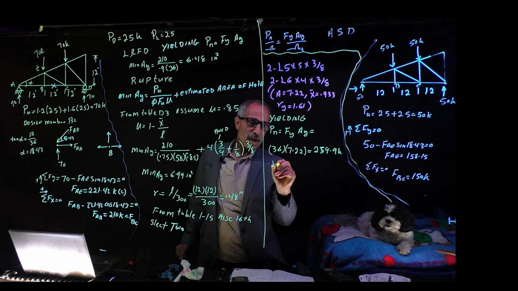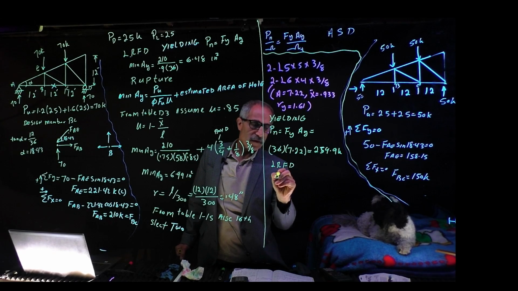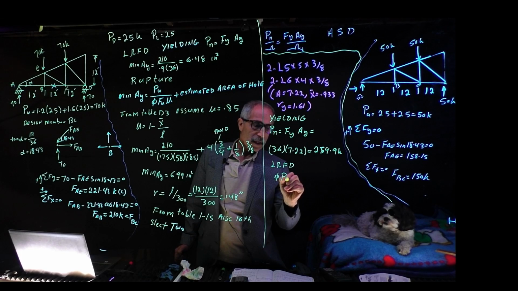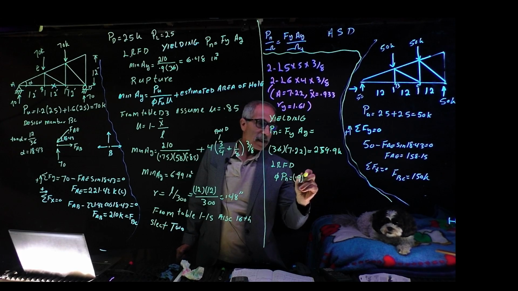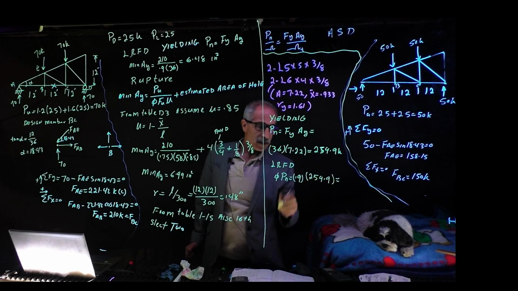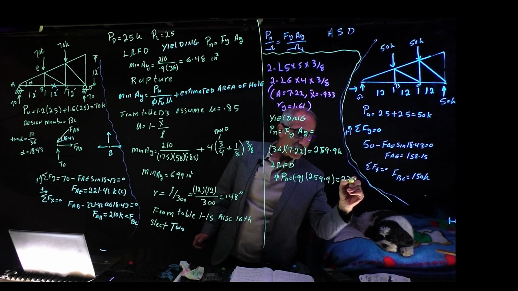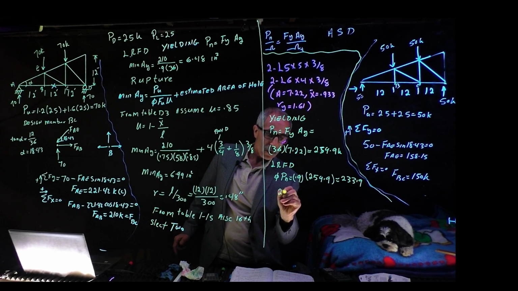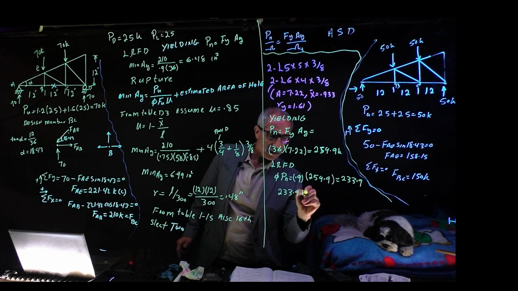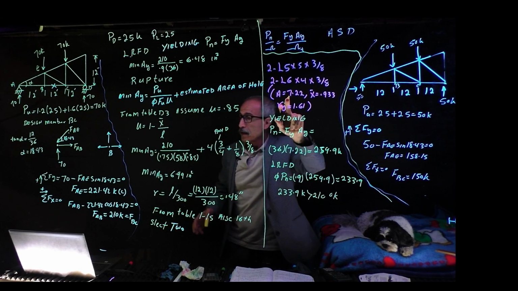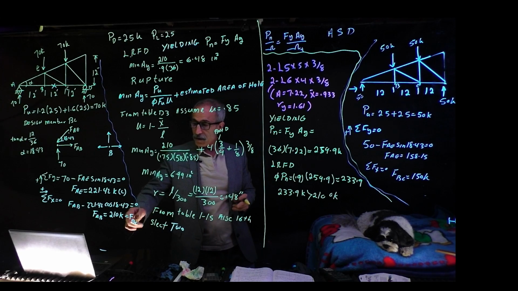For load resistance factor design, it's going to be phi times Pn, which is equal 0.9 times 259.9, and that's equal 233.9, and that's bigger than 210. So 233.9 kips is bigger than 210. So it passed this angle that we just picked out. It passed the yield for 210.